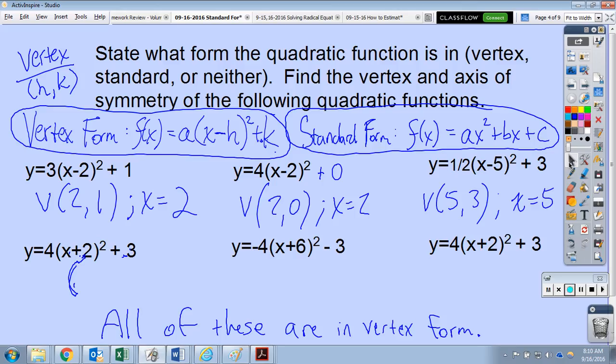HK, good. And what is the axis of symmetry? X, yes, X equals H. X equals H, this is the axis of symmetry.